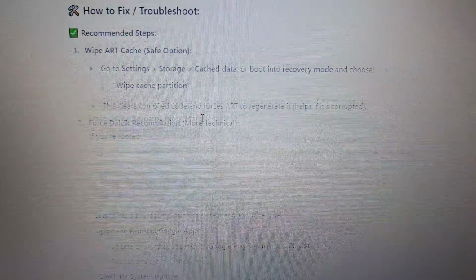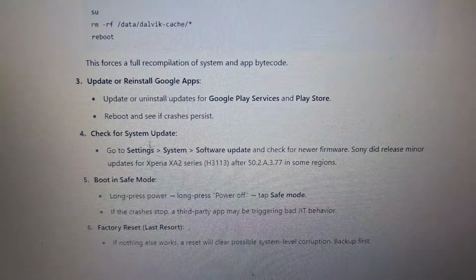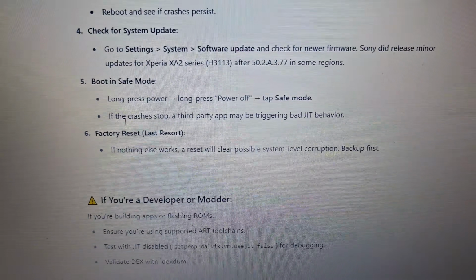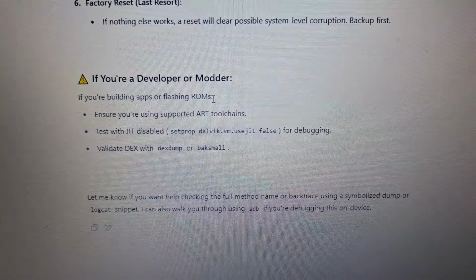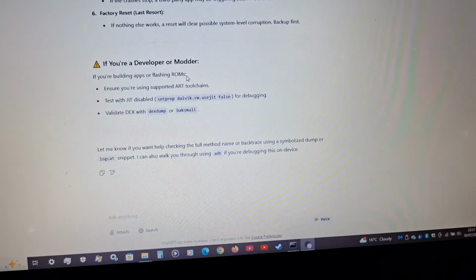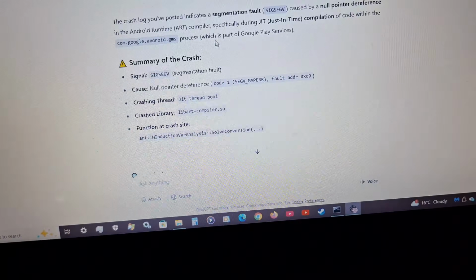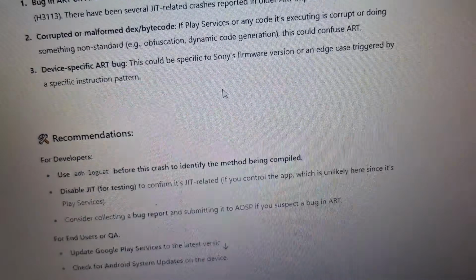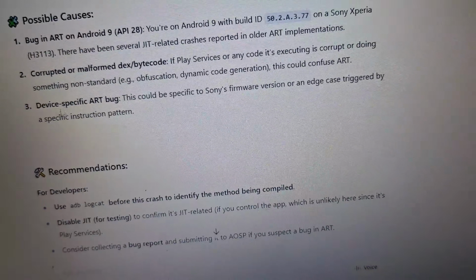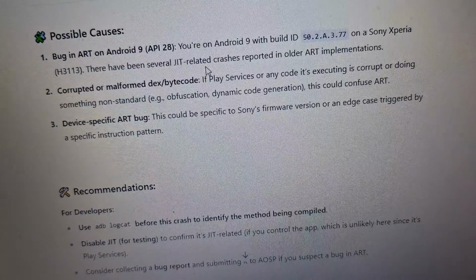Yeah, that doesn't work. That also doesn't work. The phone's already up to date. Yeah, those don't work. So it's just about just-in-time and all that stuff. It's just saying null pointers. It could be a device ART bug or corrupted malformed DEX code. I highly doubt it's any of this.